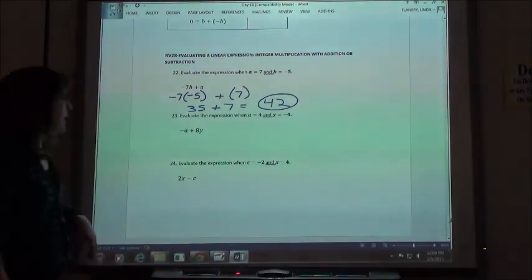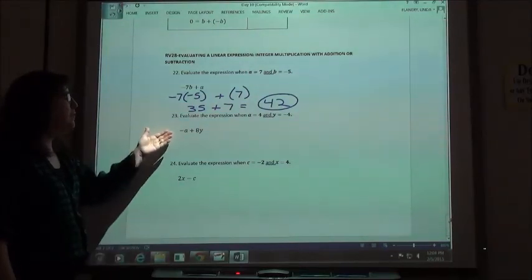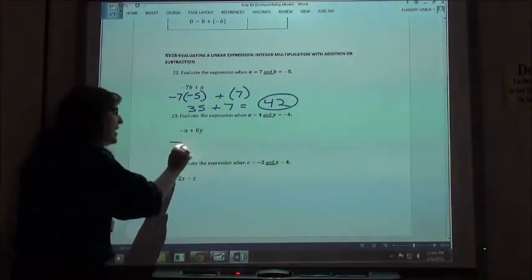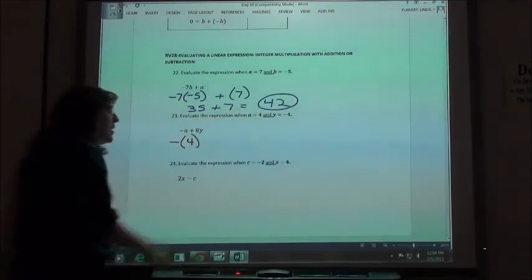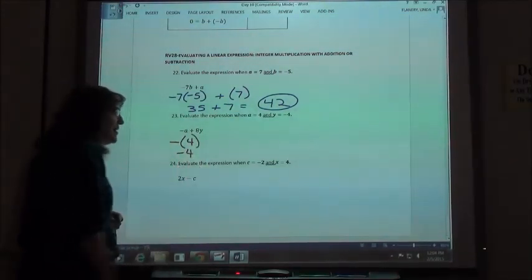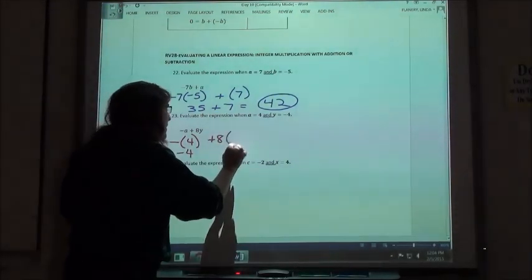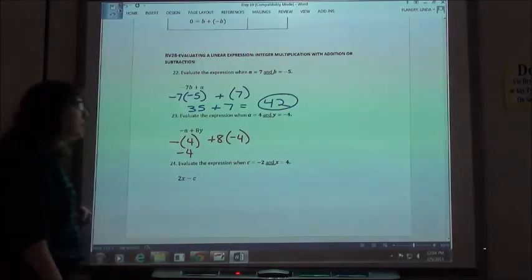Number 23. I have a negative in front of the a. Technically it means -1 times a, but I'm going to have a negative in front of my a, which I'm going to put in parentheses. Well, that's the same thing as that, right? Then I have plus 8 times -4.